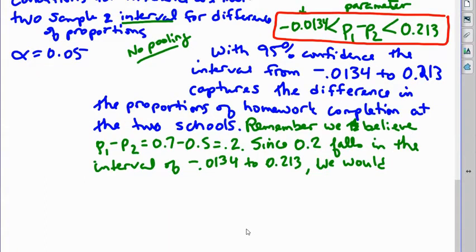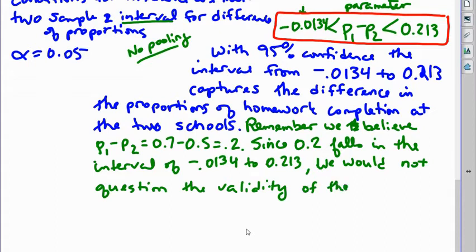I mean, it looks like their data would not question the validity of their report. It looks like their data is supporting what we kind of thought all along about their report, and we don't think the school has changed.